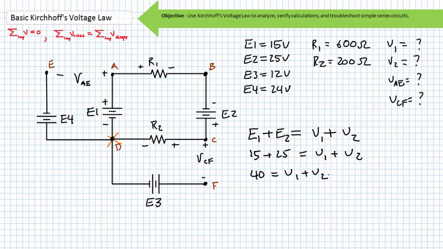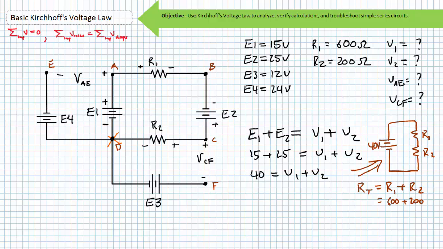Given that the values of R1 and R2 are known quantities, we can now easily use Ohm's law, or the voltage divider rule if you're familiar with this method, to determine the voltage drop across each individual resistor. The series combination of R1 and R2 yields a total resistance of RT equals R1 plus R2, 600 ohms plus 200 ohms, or 800 ohms.